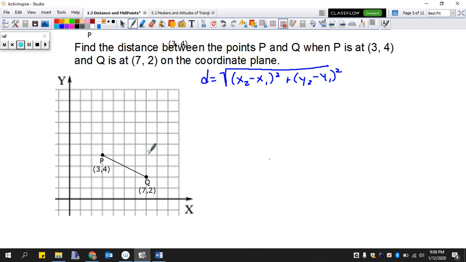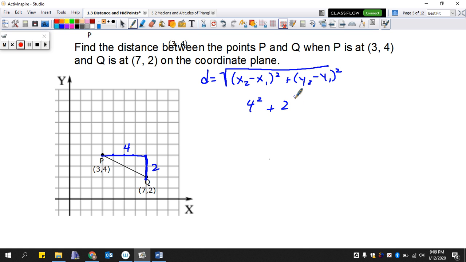So we can say this is 4 squared plus 2 squared. That's going to give us distance squared, using the Pythagorean theorem. Let me write it in the same way: c squared is equal to a squared plus b squared.